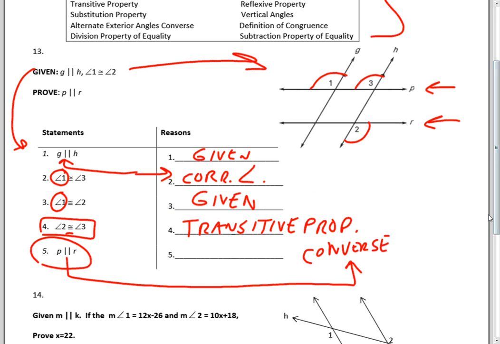And that's exactly what we're looking at. Alternate exterior angles, converse. We're reversing what we normally see. Normally we see if parallel, then things are equal. Now we're saying if things are equal, we've got parallel. We're switching it. We're doing the converse.